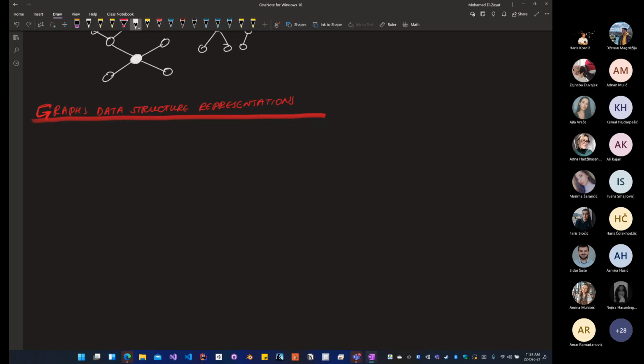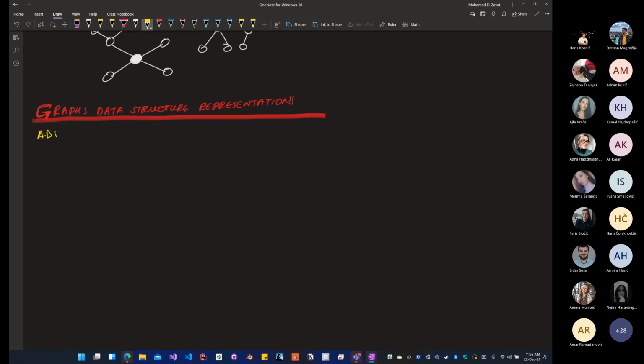So how can we save a graph in the memory? We have a couple of ways of doing this. Actually, we have 3, I think. So you have something which is called adjacency matrix. So let me write this down in yellow.